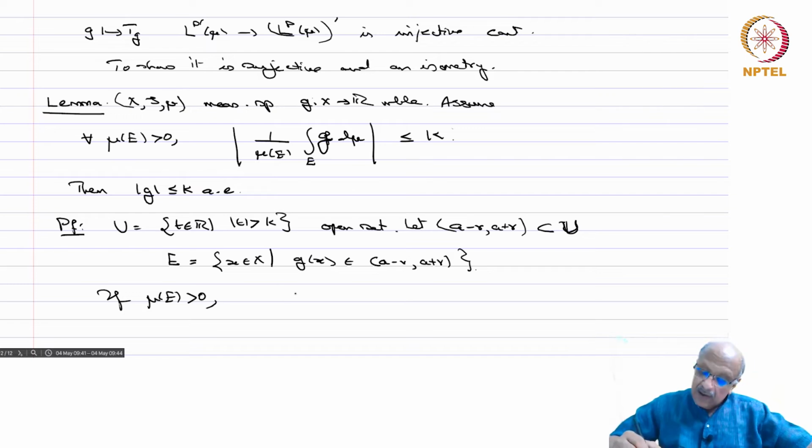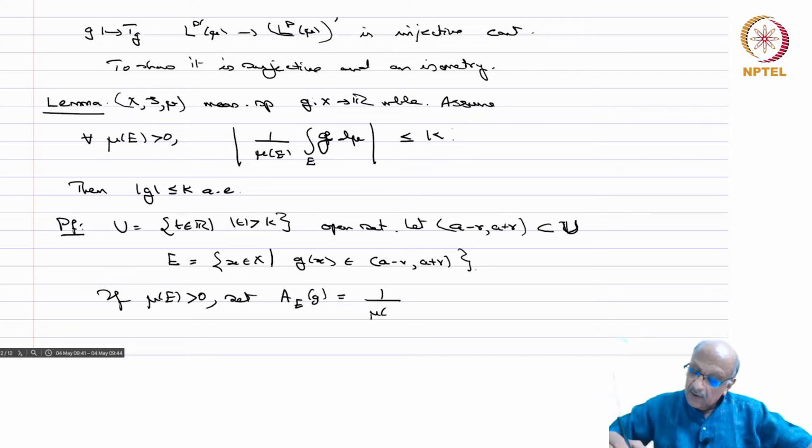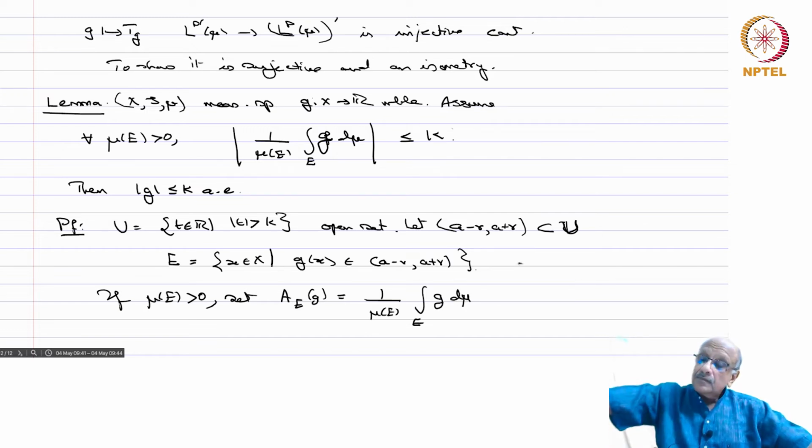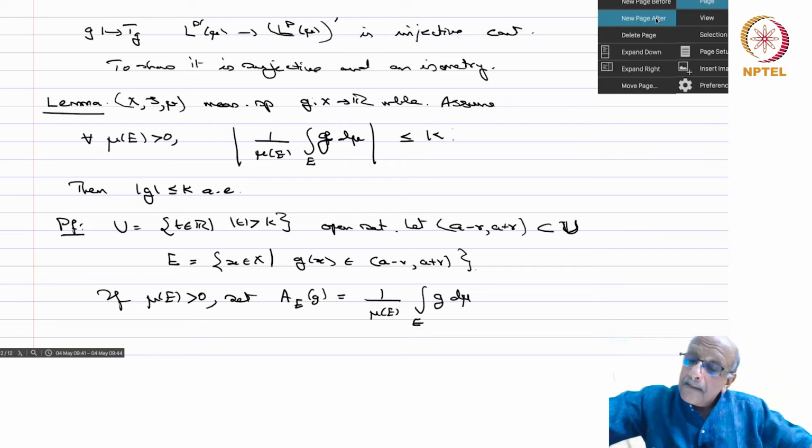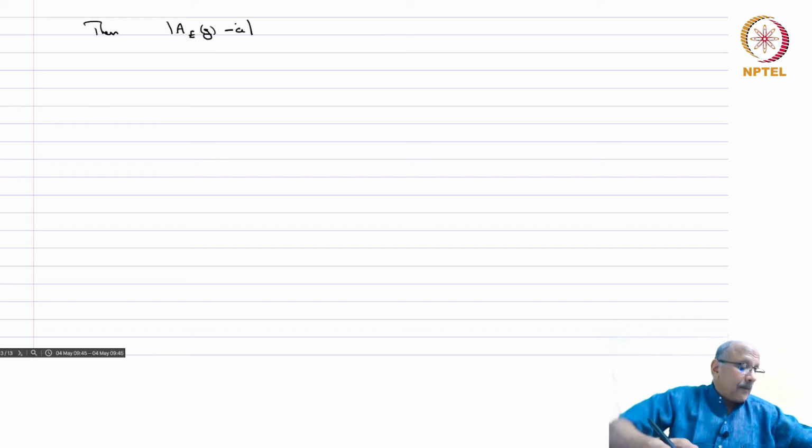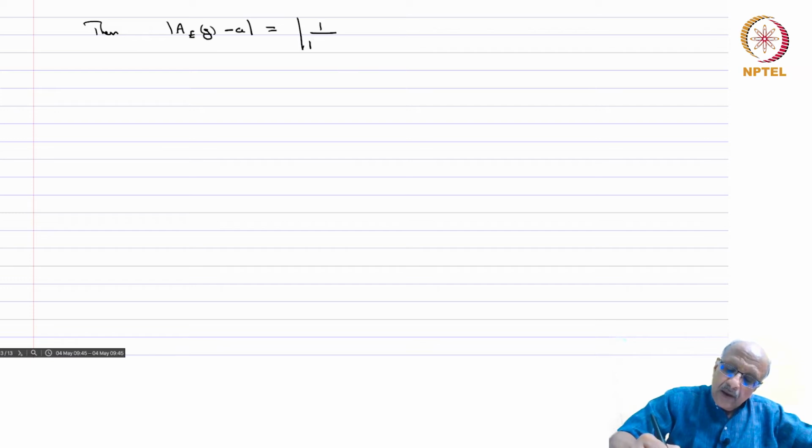then you have the average over E of G equals 1 by mu E times the integral of G d mu over E. Then mod of the average over E of G minus A equals mod of 1 by mu E times the integral over E of G minus A d mu.